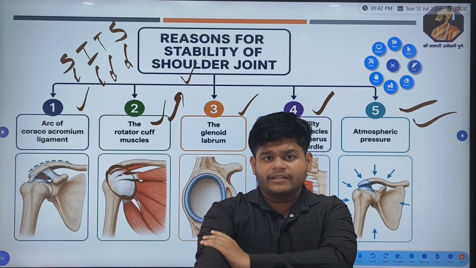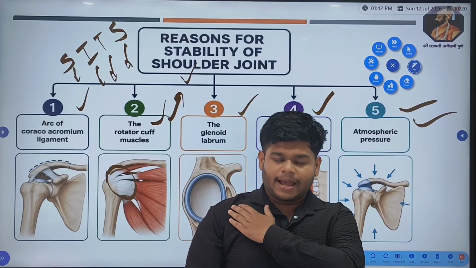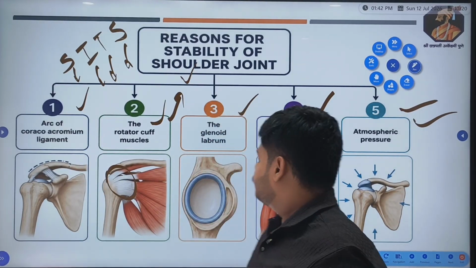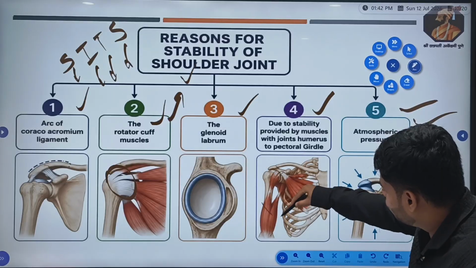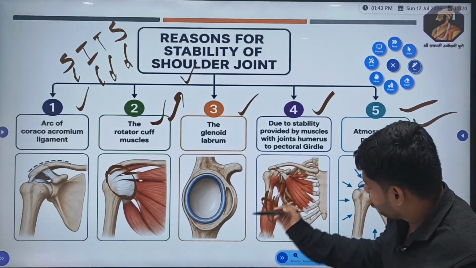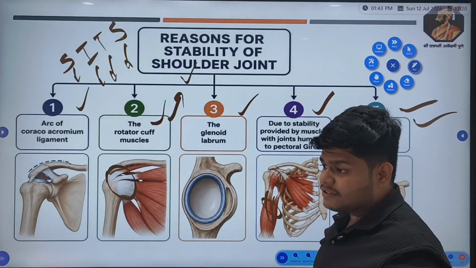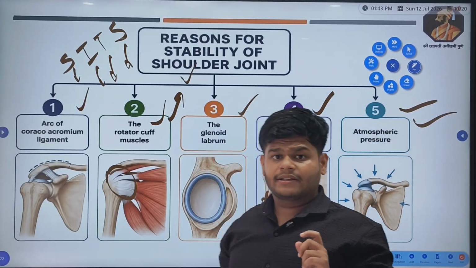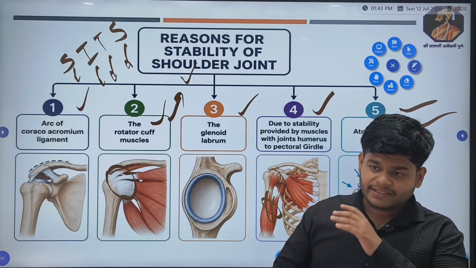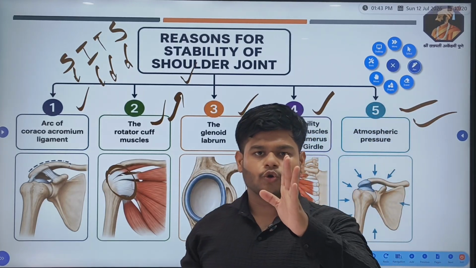So humerus does not come under the girdle, only the scapula and clavicle come under the girdle. So these two muscles, the biceps and posteriorly the triceps brachii, connect the humerus to the pectoral girdle. So this connection also stabilizes your shoulder joint.